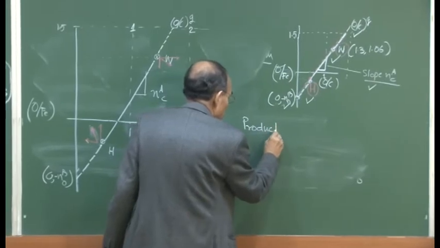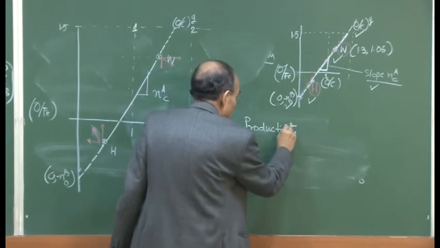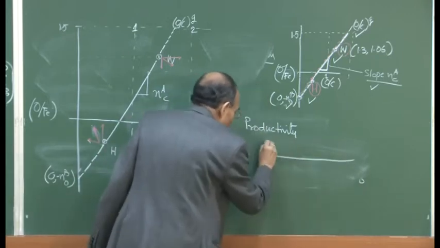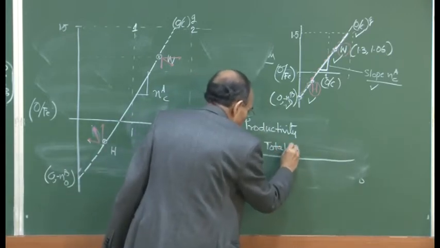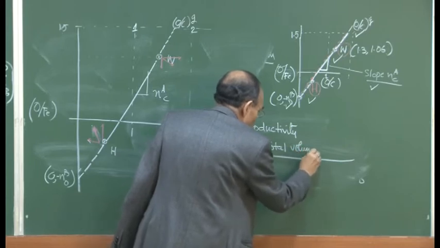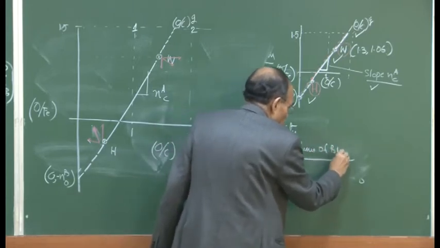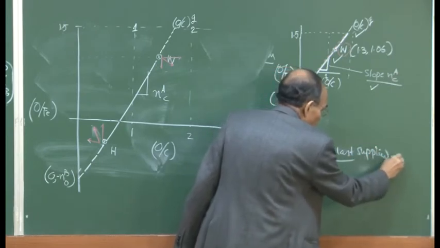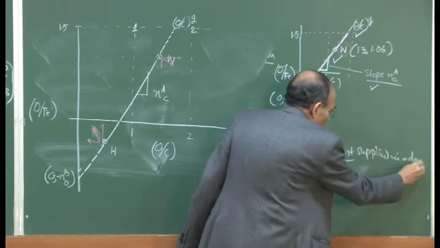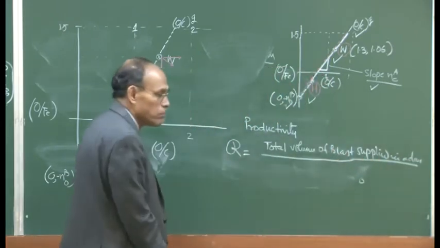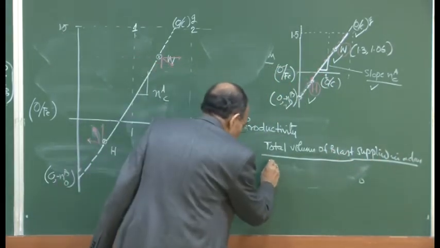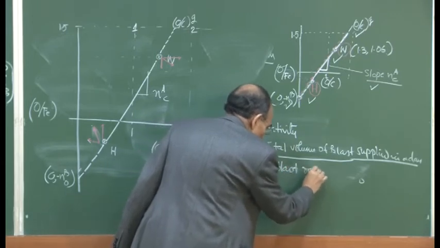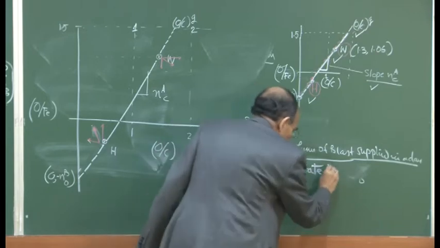In the context of productivity, I have introduced a term and I have justified it. The total volume of blast supplied in a day, divided by the blast rate per ton of hot metal.